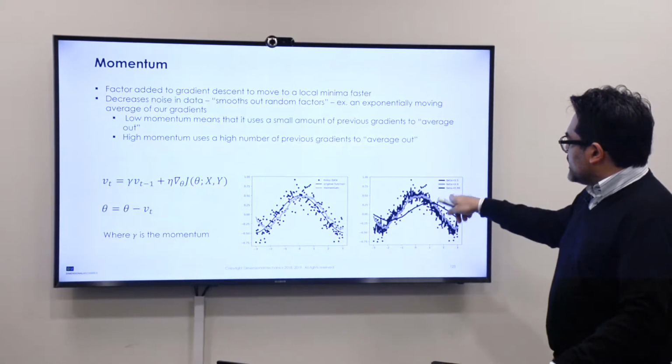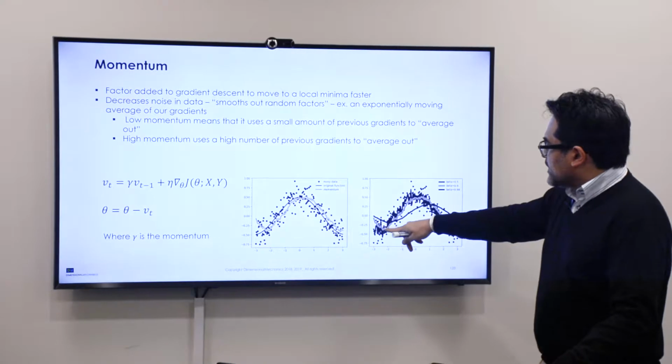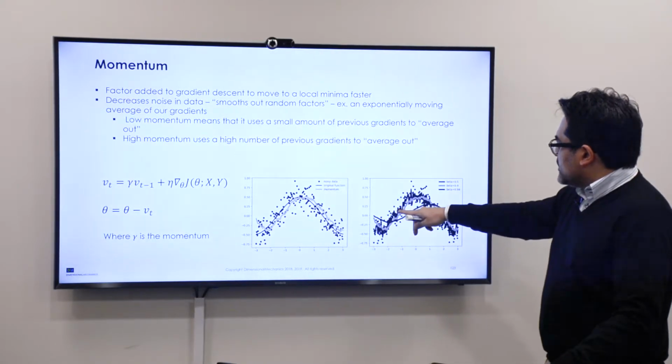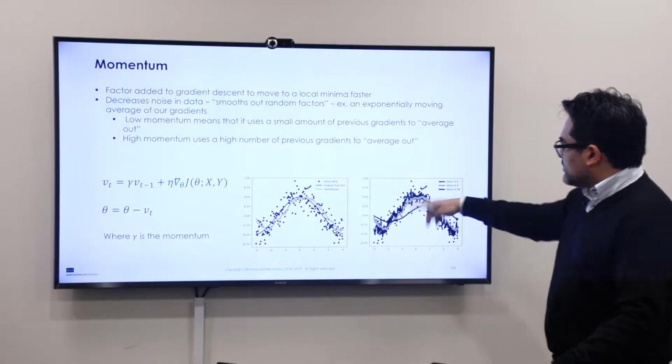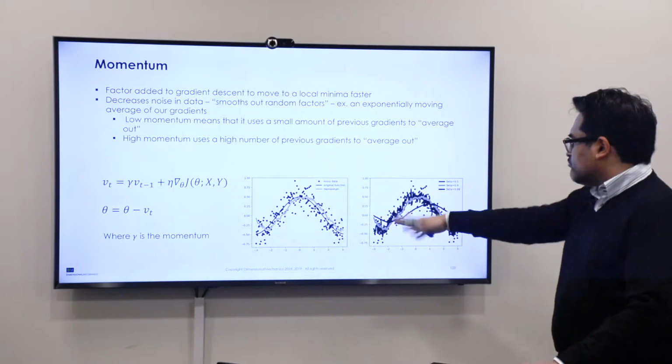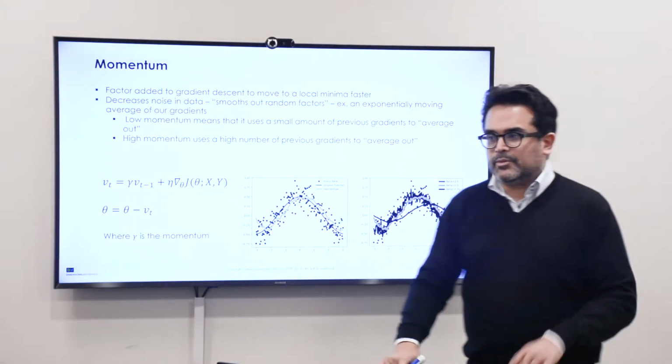If the beta is very high, you essentially see that it's pretty smooth. If the beta is very low, you see it's very noisy, and with beta somewhere in between, it is smoother but not so smooth.